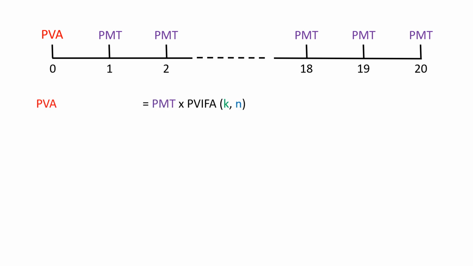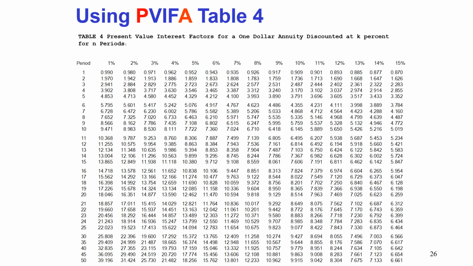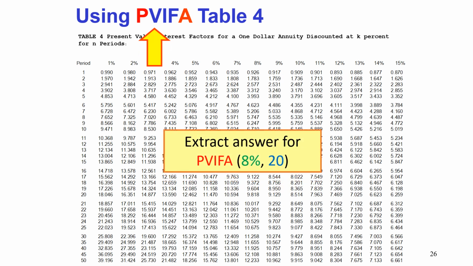Use the formula, substitute the figures in to find PMT, refer to the table. Make sure you get the correct table. Then we find the answer.